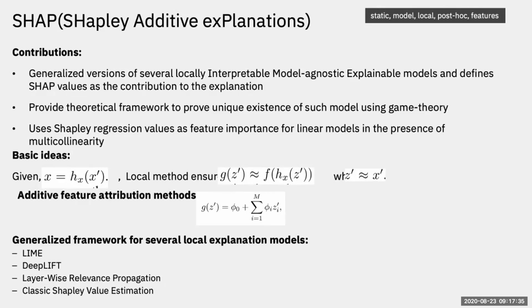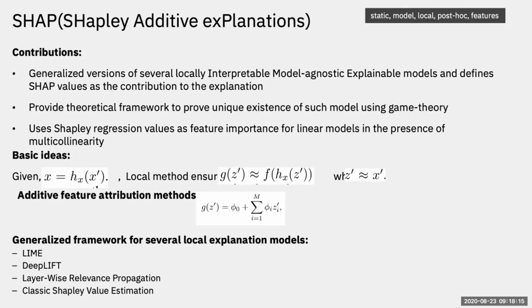Another nice feature about the SHAP method is that it can provide the Shapley values for each of the features in terms of how they're related to the task being learned, and those Shapley values can be used for determining the feature importance. And finally, this framework provides different techniques to compute these Shapley values very efficiently, especially in the presence of multi-collinearity among the features.